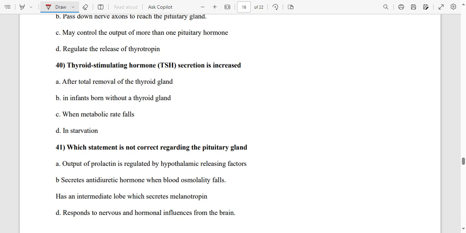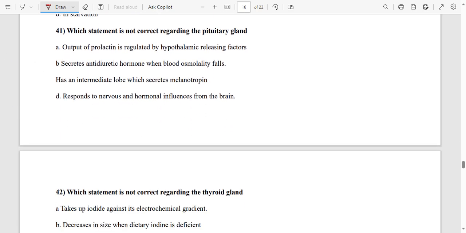so we are saying that the aim of thyroid stimulating hormone is to increase metabolic rate. So when metabolic rate falls, you want to increase it, right? So we can pick C. And then question 41, which statement is not correct regarding the pituitary gland?